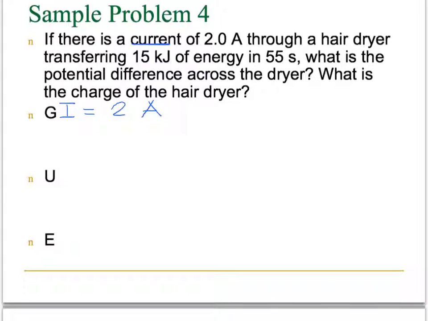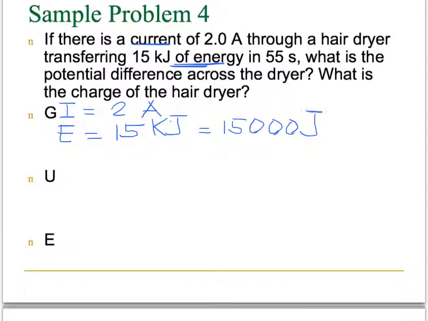We are also given the energy. So our energy is, let us just consider that as E, which is 15 kilojoules. Now notice that the unit of energy in SI is simply joules, not kilojoules. Kilo means 1,000. So to change this, we just add 3 zeros.